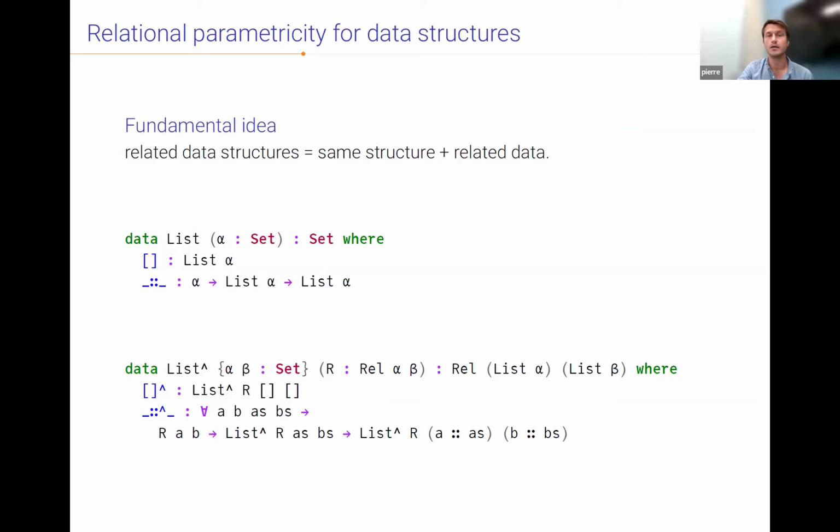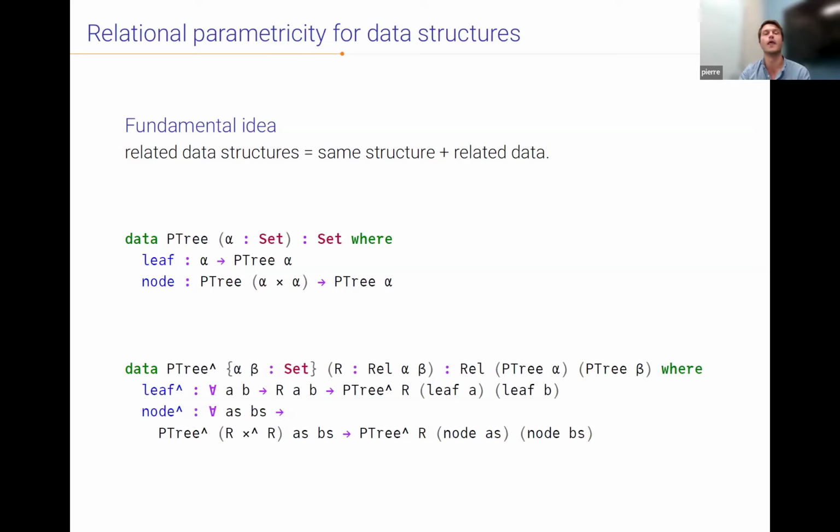Okay, this is not something that only works for lists. You see that here I follow a kind of recipe. I say, okay, for each constructor, I make a new constructor in my new data type, which is a witness of parametricity for my original constructor. So we can do the same with P tree. And because in P tree I have leaf and node as constructors, then in P tree hat, I will have leaf hat and node hat as constructors.